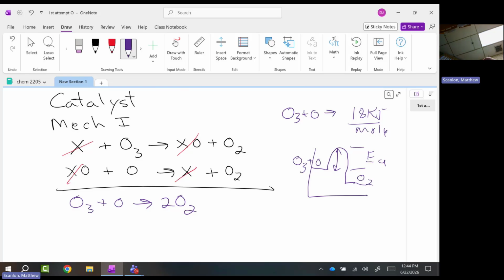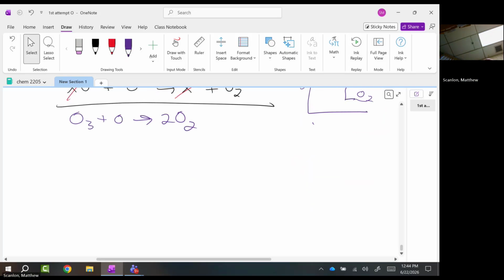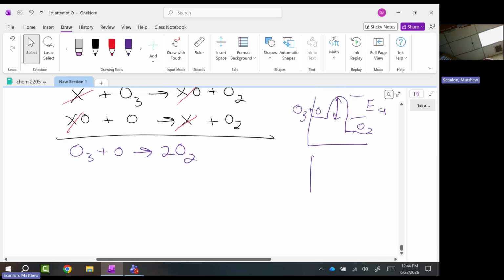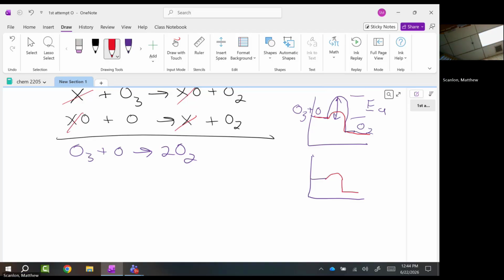Okay, when you add a catalyst, X, what happens, I'll draw it here, is it lowers this activation energy and makes the reaction happen easier. And so you get more ozone being destroyed, because we lower the activation energy.